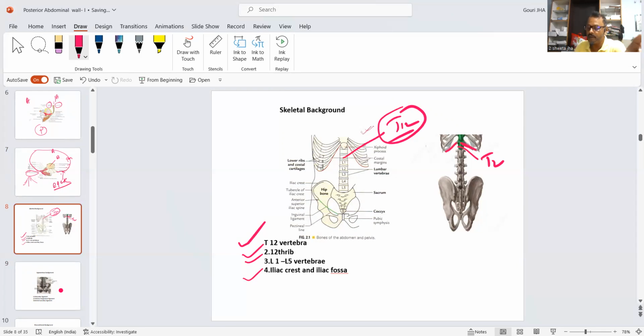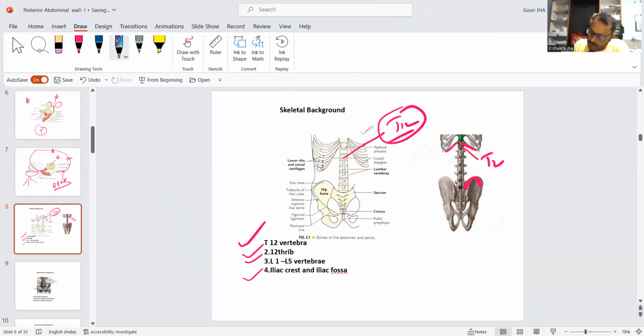So we have the 12th vertebra and the 12th rib over here, because we know that the 11th and 12th ribs have attachment on the vertebral side only. They do not have attachment on the sternal side or with any other ribs, because they are completely floating ribs. And this one is the iliac crest.